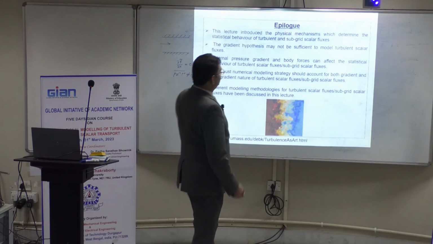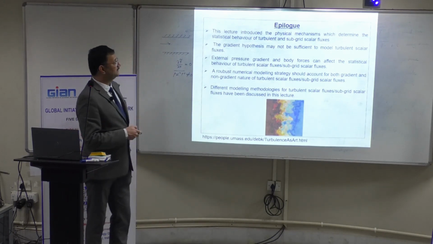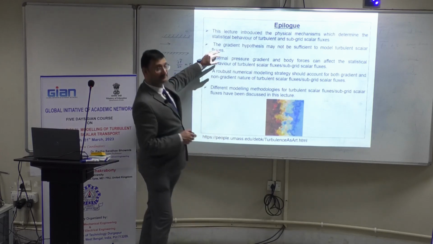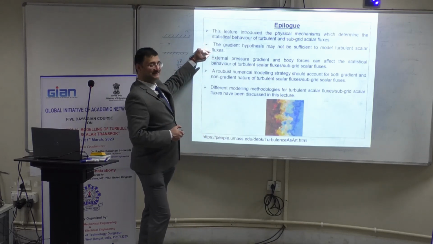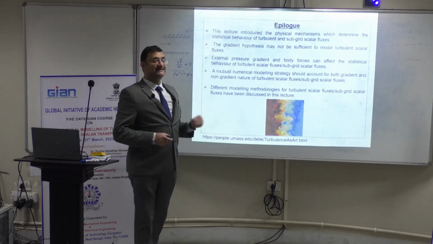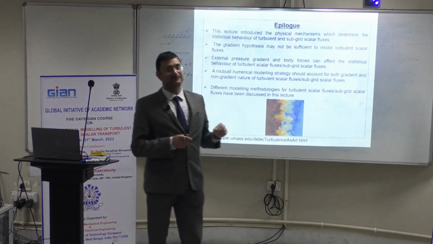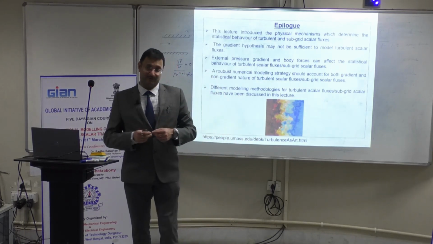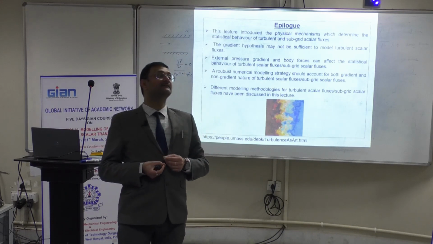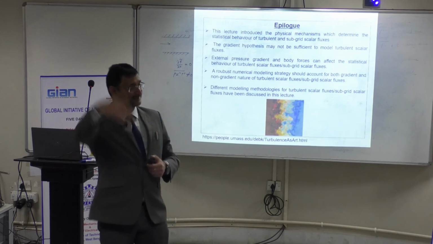So we talked about the physical mechanisms which determine the statistical behavior of turbulent and subgrid scalar fluxes. One key message when you use gradient hypothesis, please be aware of the potential limitations, and please be aware it may not actually predict your scalar flux accurately. Sometimes it may actually show you just the opposite trend.